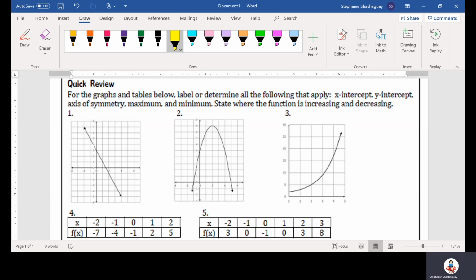So we're going to look at our x-intercept, our y-intercept, our axis of symmetry, the maximum value, the minimum value, and where the function is increasing or decreasing.